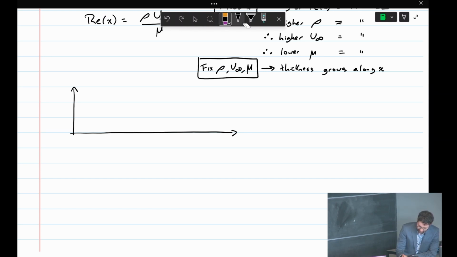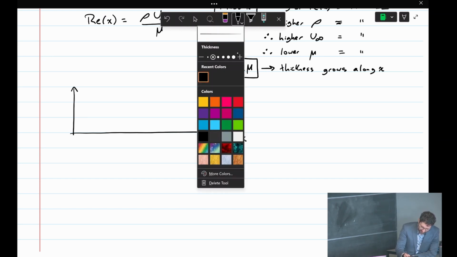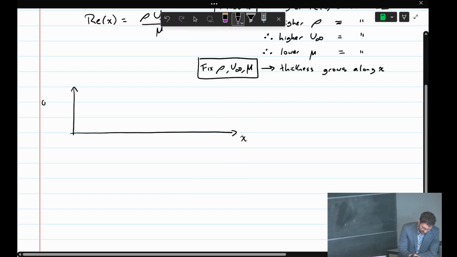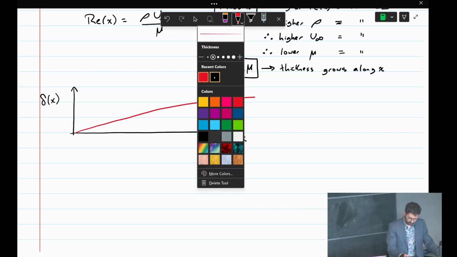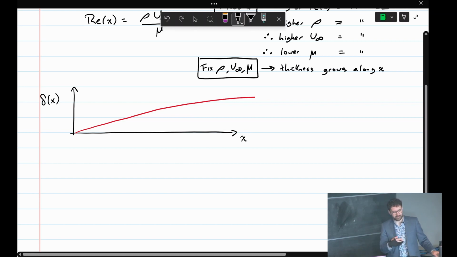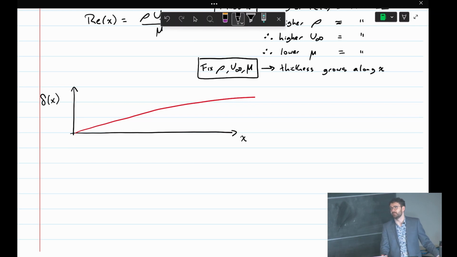So say we have x here along our plate. The y-axis is delta of x, where delta is the boundary layer thickness. The boundary layer thickness will grow along x like that. Depending on whether the boundary layer is laminar or turbulent, we can compute that thickness for a given x using the expressions I gave last class. Okay, so any questions about that?